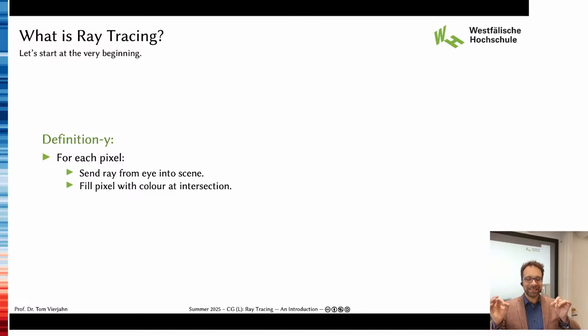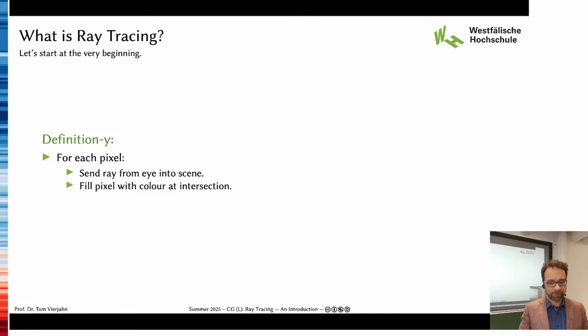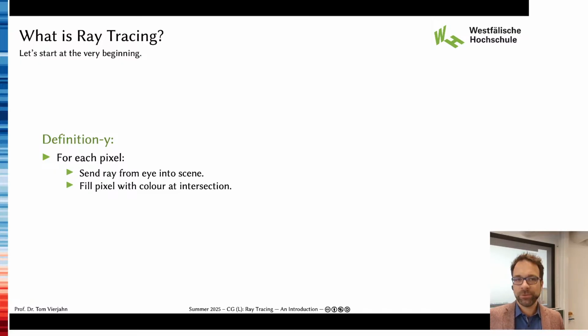We send the ray from the eye into the scene, that could better be seen on the second picture. We see the actual ray, the thread that they were moving around in the scene, through the frame, through the image, to the object, and then just fill the pixel that you're sampling with the color that you're seeing.